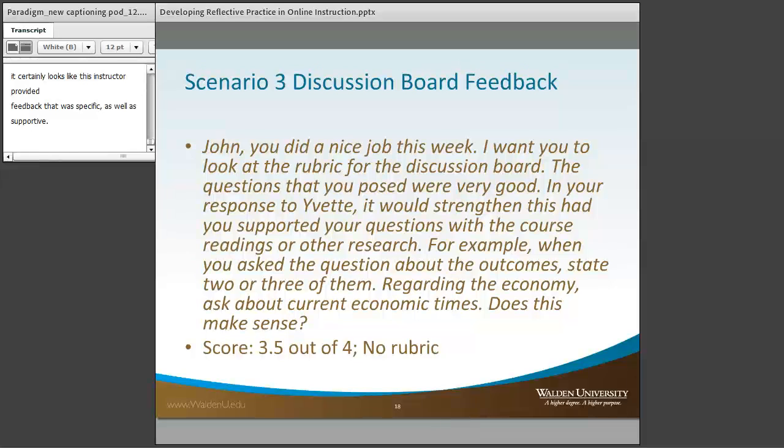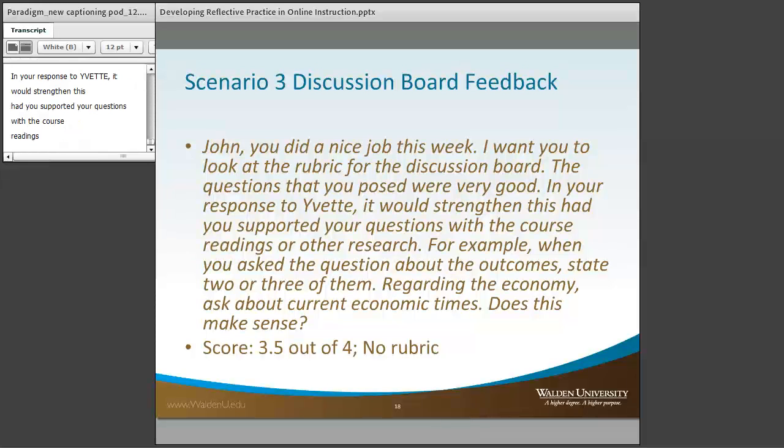All right, let's look at scenario 3, and this is a discussion board feedback. John, you did a nice job this week. I want you to look at the rubric for the discussion board. The questions that you posed were very good. In your response to Yvette, it would strengthen this had you supported your questions with the course readings or other research.